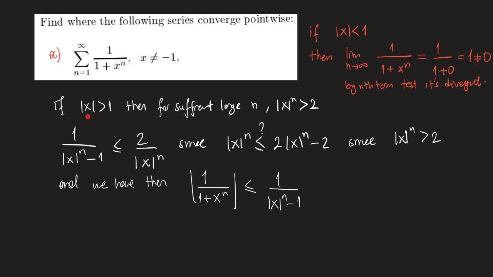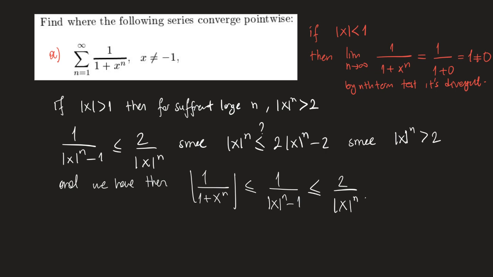Because your values are bigger than 1, right? So this part is bigger than 1, but you are subtracting some numbers, so this part is still positive, but it is less than this part. So if your denominator is less, this is correct, and by the above we have this 2 over x to the power n.